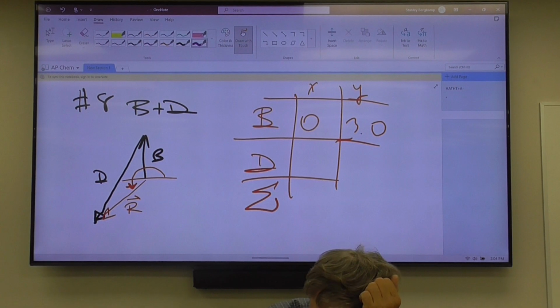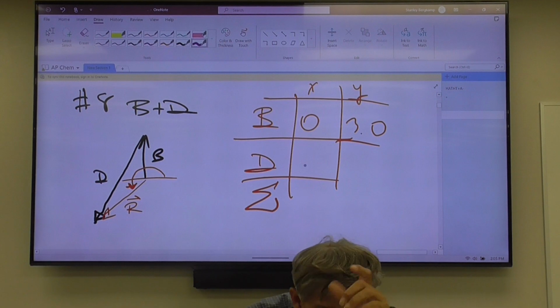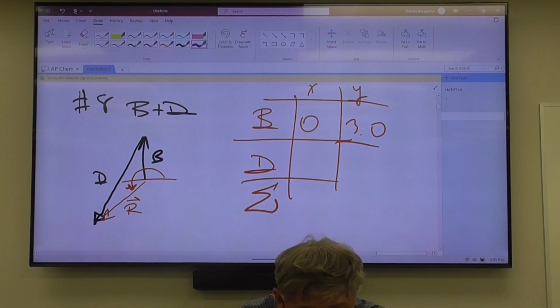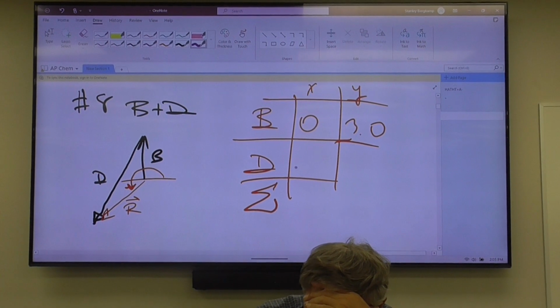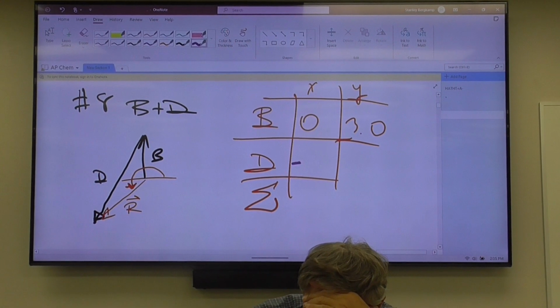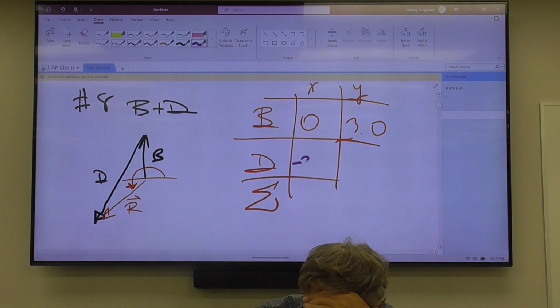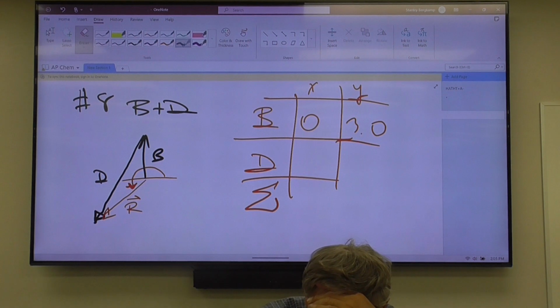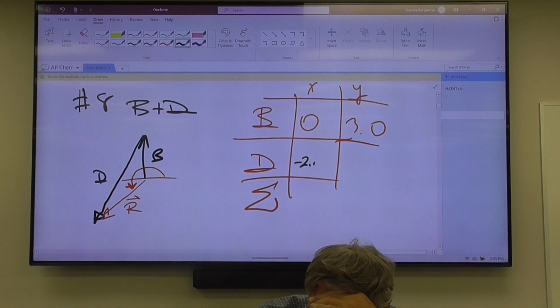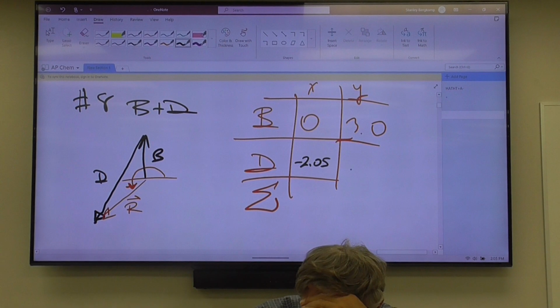Okay. What's D's x component? Off of your trig functions that you just did. Negative 2.05. Yeah, that's what they got for vector D. And then what do you have for the y component?